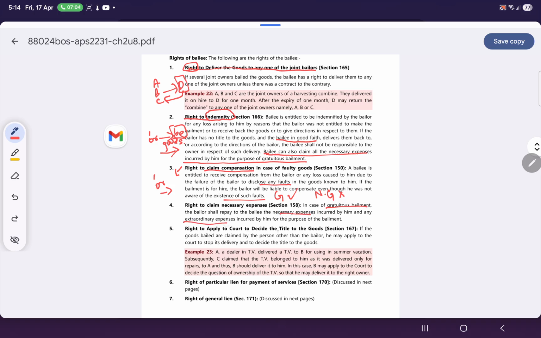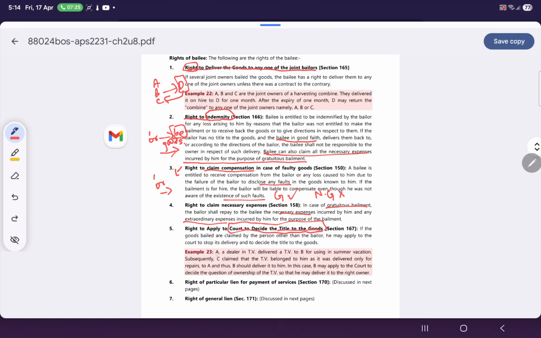Right to apply to the court to decide the title of the goods. When a bailee gets goods which do not belong to the bailor, or he is confused whether they belong to the bailor or some other person, the bailee can go to the court to decide who is the original owner of the goods.